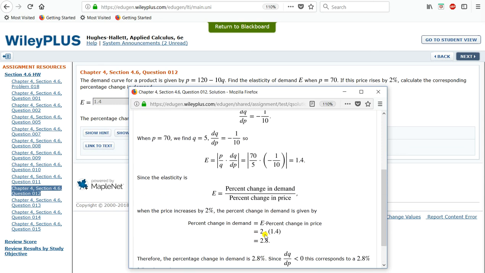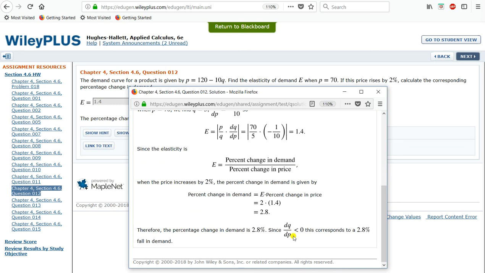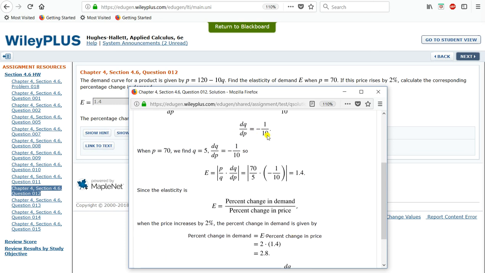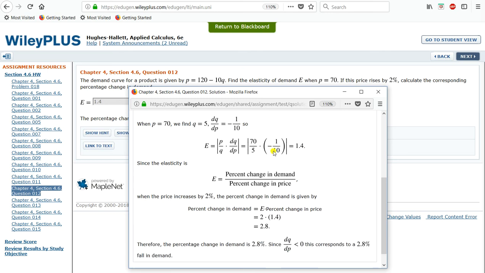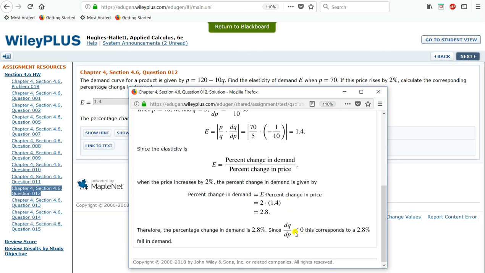And because we know that dQ over dP is less than 0, the derivative of Q with respect to P is negative, this corresponds to a 2.8% fall in the demand.